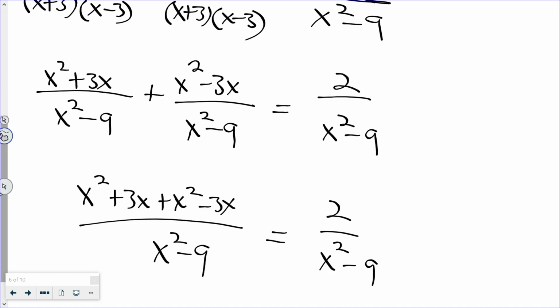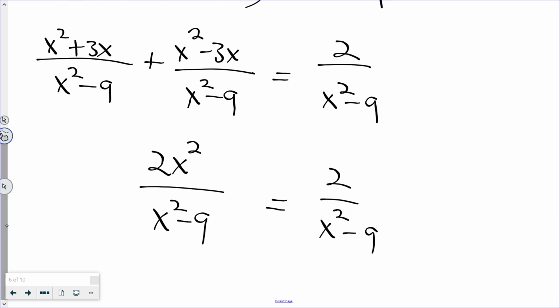Plus 3x, negative 3x, you all see that they cancel out, yes? So I'm just going to erase those. What is x squared plus x squared? 2x squared. So we have 2x squared over x squared minus 9 equals 2 over x squared minus 9.